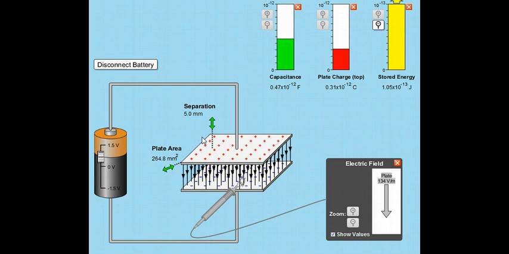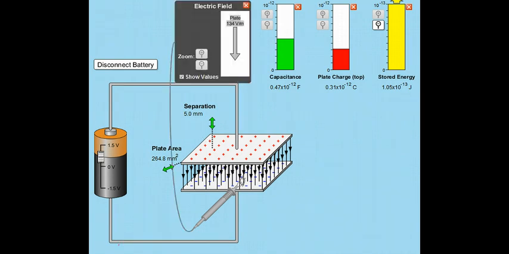Why is that so? Let's try to explain this theoretically now. First, we know that in a capacitor, the voltage across the two plates is given by negative E, the electric field strength, times D, the separation between the two plates. The voltage across the two plates is held constant, while the distance between the two plates decreases, and hence the electric field must get stronger.